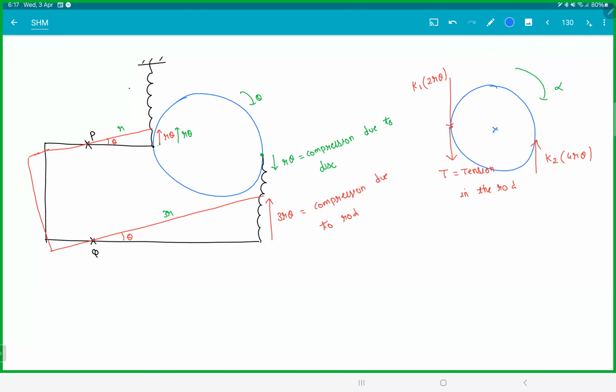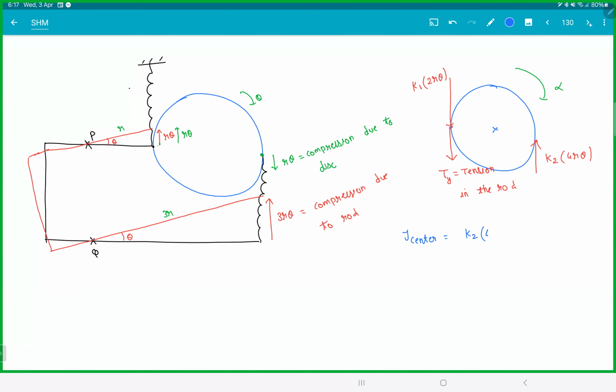So if you take torque about the center, the tension of the rod will be directed downwards. No, there will be two components actually. We are taking only the vertical component. Tx and Ty, right? You want, I can call this Ty.